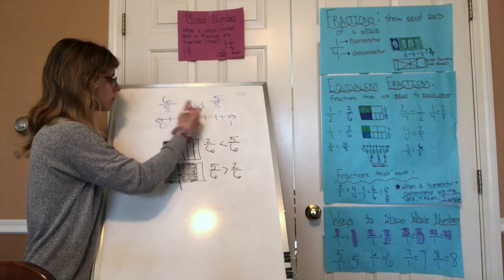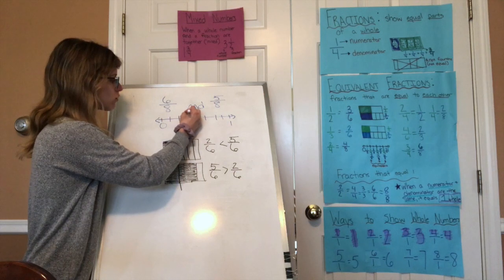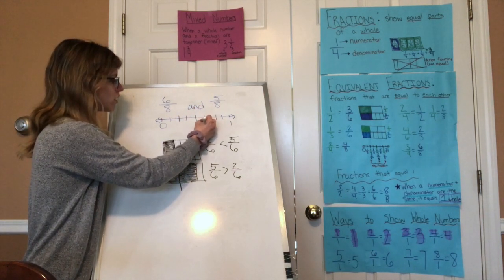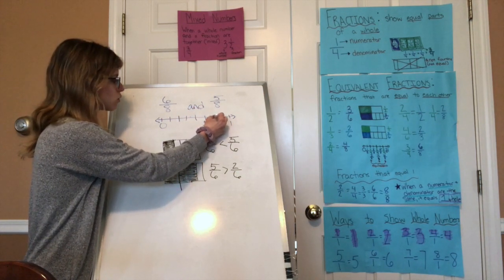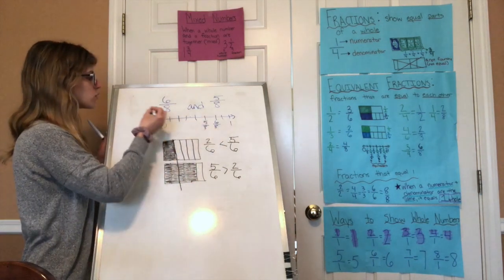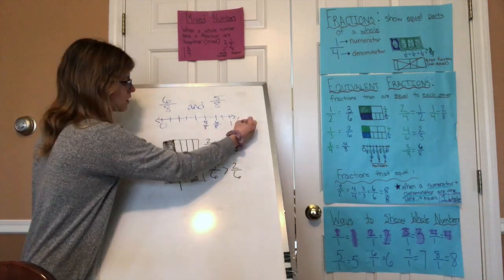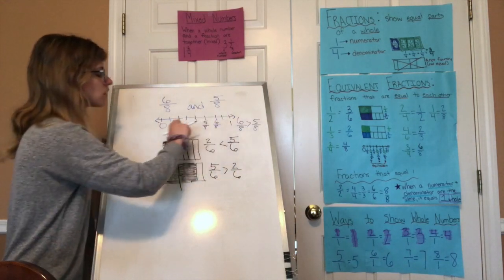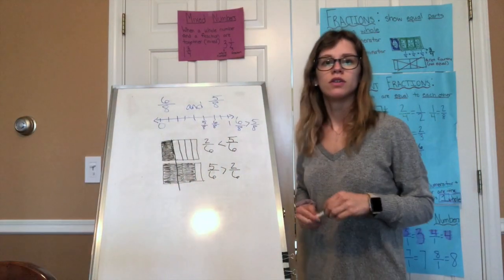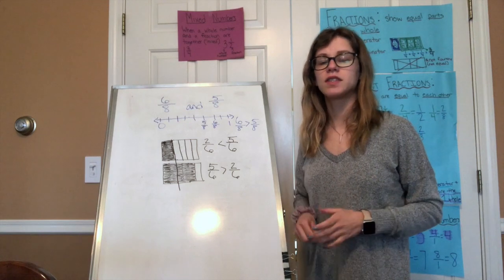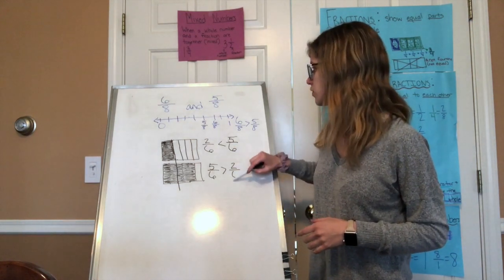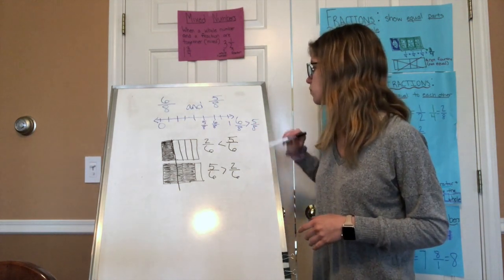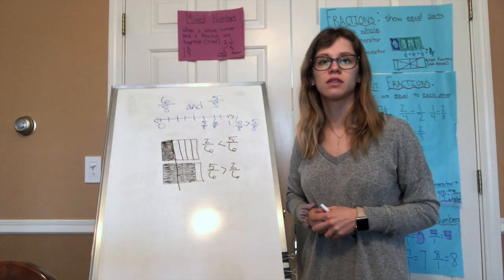So if I had 5/8, it would be 1, 2, 3, 4, 5/8, and 6/8 would be here. So I can see that 6/8 is greater than 5/8. Or I could have done the same thing with a fraction bar. So here we have that 5/6 is greater than 2/6, and 6/8 is greater than 5/8.